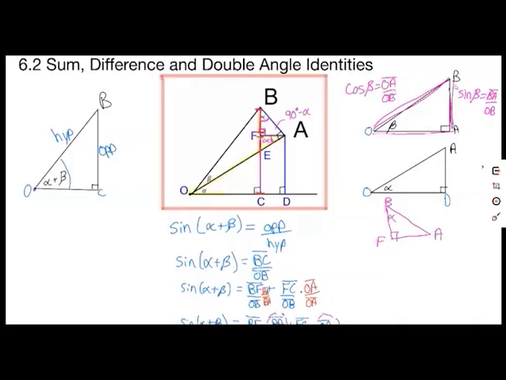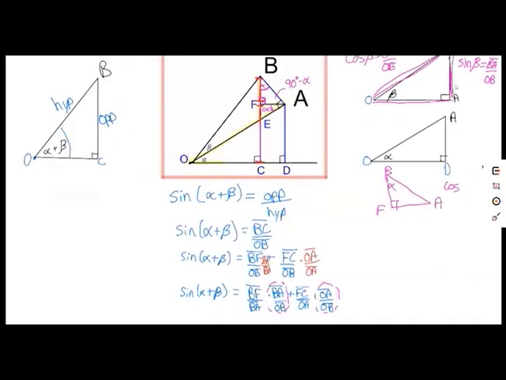So in this little triangle, I can see that I have, let's do cosine first. So cosine of alpha is going to be BF over BA. And so I can see that that's right there. And then if I did the sine of alpha, I get angle FA.